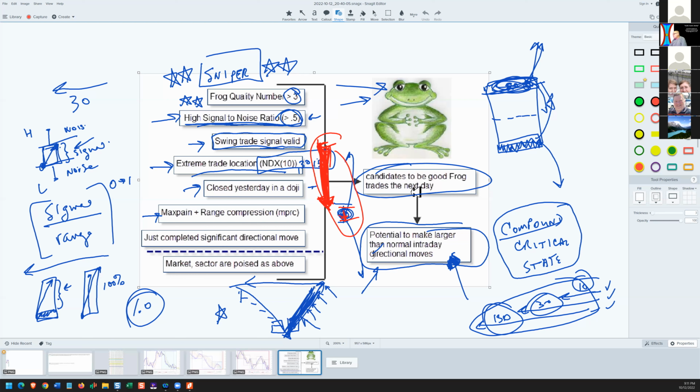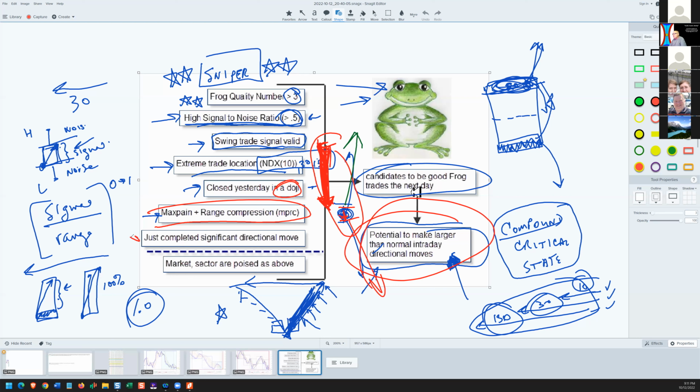That's such a huge difference in psychology that the move that comes out of the doji could be enormous to the upside or it could be large to the downside. So max pain range compression and a doji yesterday both lead you to the possibility of larger than normal moves.